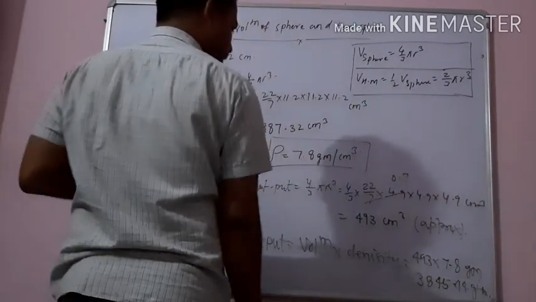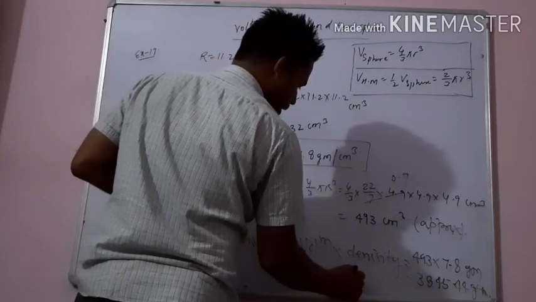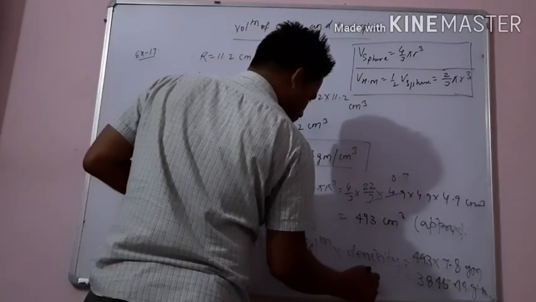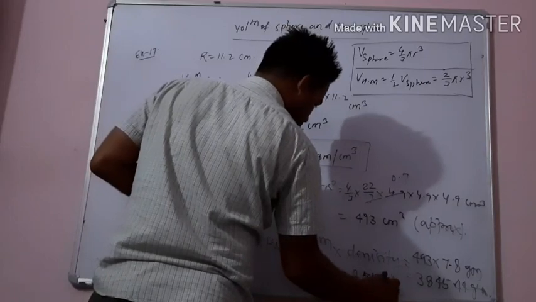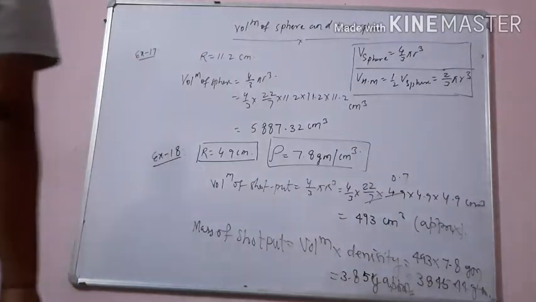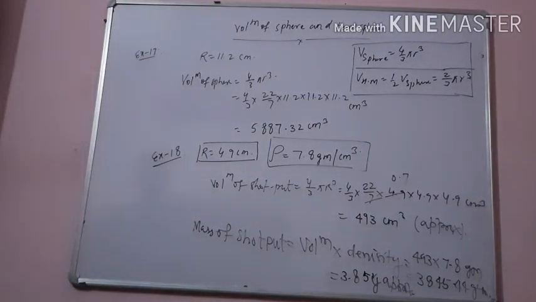When you convert to kg, it will be 3.85 kg approx. We have found the approximate value of the mass of the shot put. Now moving to the next question.